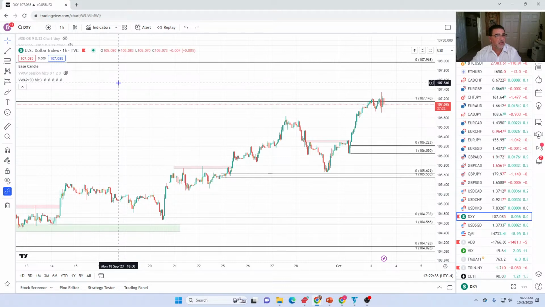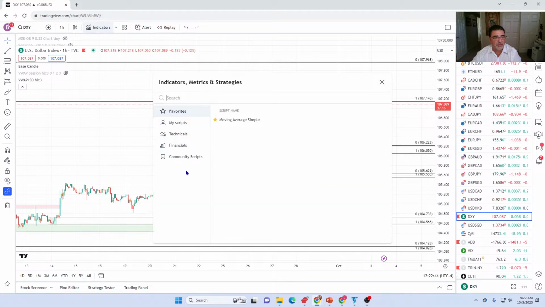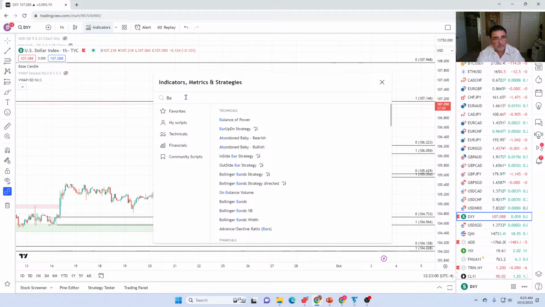I like the functionality. You can size the chart, increase or decrease bar spacing. And with TradingView, you come up to indicators, and you can choose from several things: my scripts, if you make your own, technical, financial, and community scripts, and you can search. Right now I have a couple of things on here. We're looking at base candles.